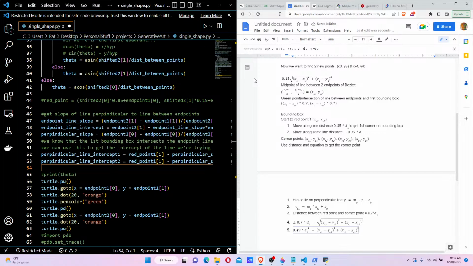So that's just a quadratic. So something squared plus something squared is equal to something squared.